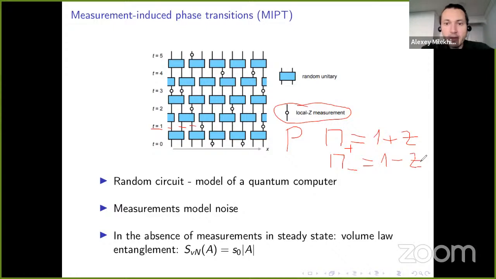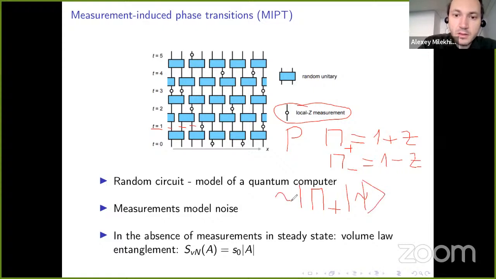So what's the probability of measuring spin up? The probability of measuring spin up would be this. Okay. So with this probability, absolute value squared, I collapse my wave function.